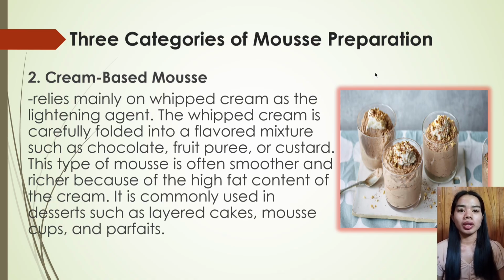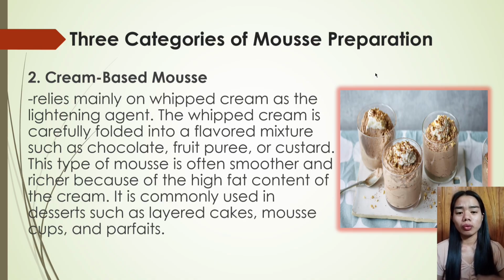Kasi diba ready-made yung mga cream base, so kapag pagbili mo, madali mo na siyang gamitin kasi i-whip mo lang siya. Ito yung mostly na ginagamit nila sa pag-icing sa mga cakes or sa mga cupcakes and even sa mga mousses. It relies mainly on the whipped cream as the lightening agent. The whipped cream is carefully folded into a flavored mixture such as chocolate, fruity, or custard.